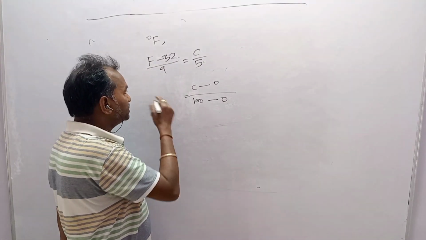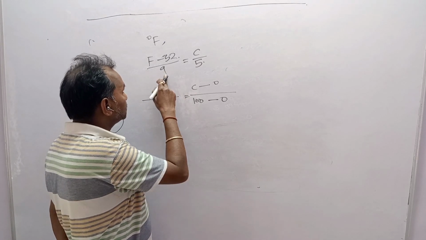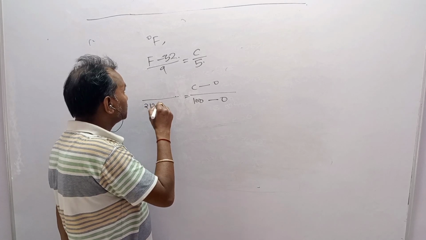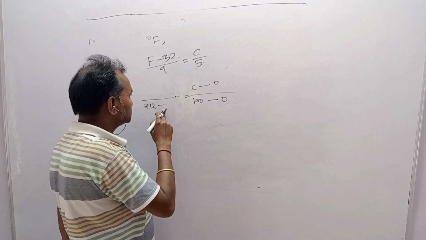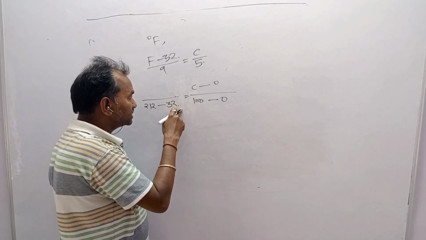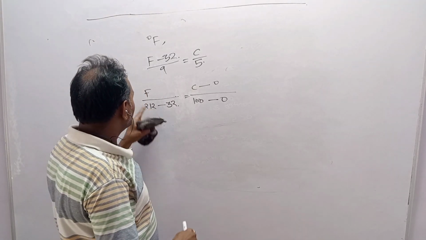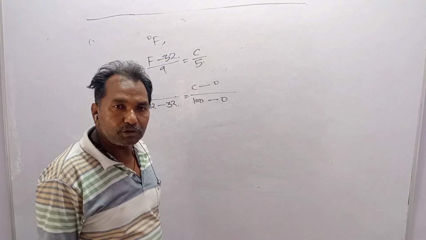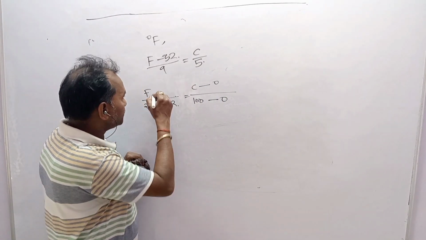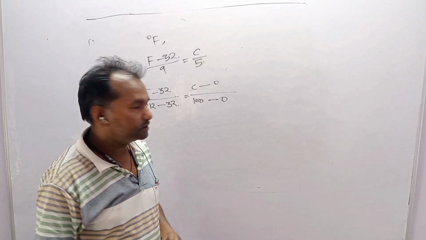On the Fahrenheit scale, how is it? Now it says boiling point is 212 minus freezing point is 32. Let the unknown temperature on the Fahrenheit scale be F, then F minus freezing point, 32. What I have done, I am trying to clear it to you again.